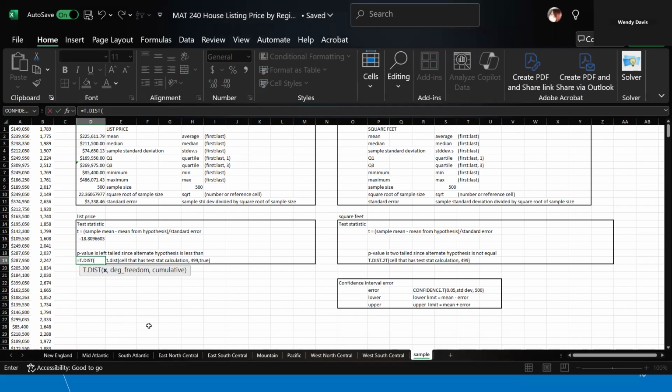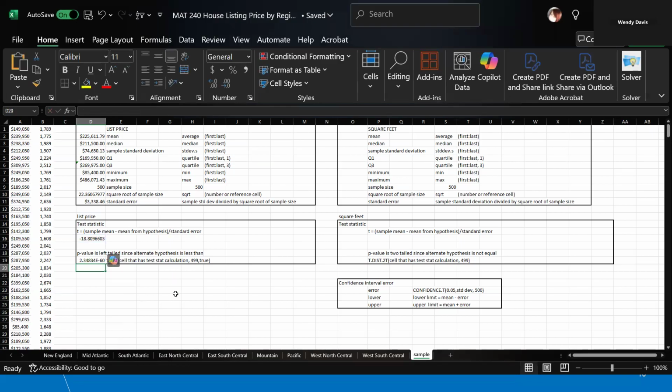Our test statistic is in D16, comma, degrees of freedom, which is 1 less than the sample size. Sample size is 500, so 499. Now, cumulative, yes. So you can double click true or you can type true.